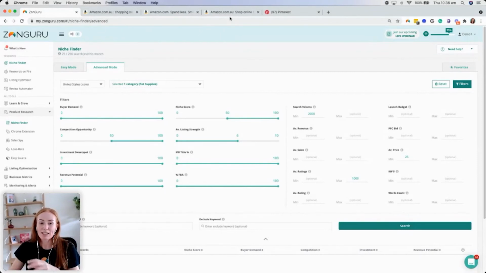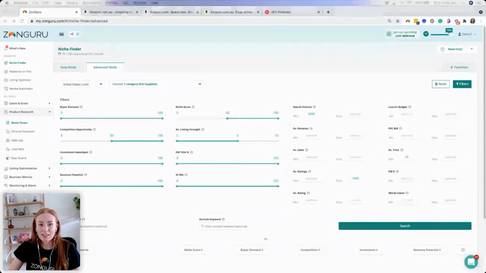And the USA is probably the best marketplace for that, because again, Australia, the UK to a certain extent, people might not know to search for it just yet.